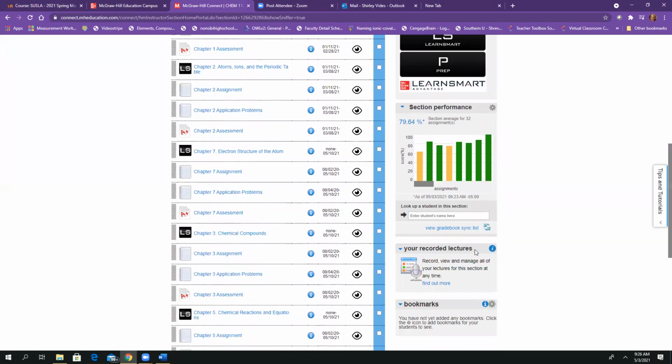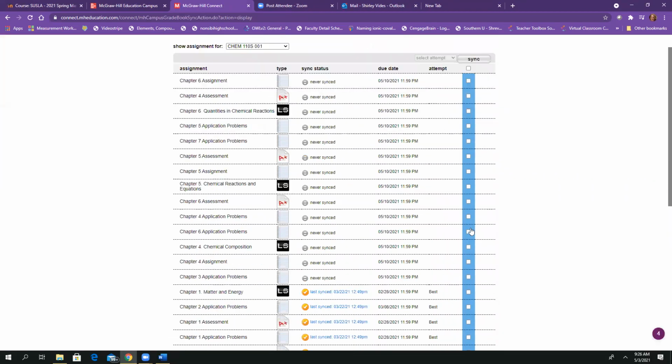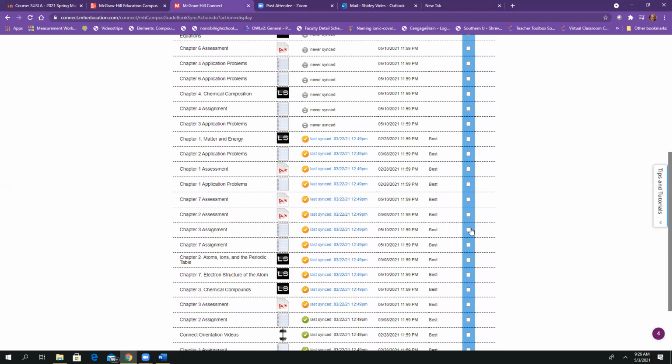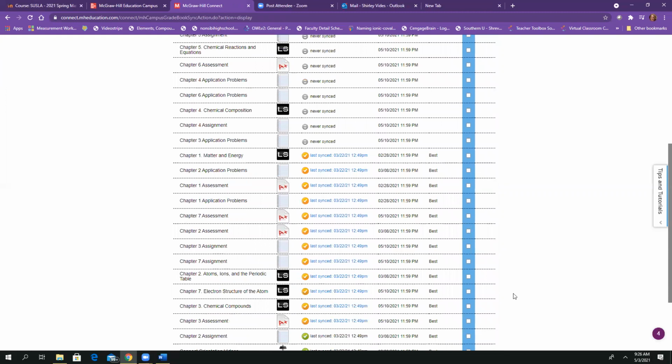Okay, so if I say sync list, that's just all that's never synced. See, the ones that were last synced here, I can redo because a lot of you haven't done them yet. But the ones before that, that was already done. See, the reason it's yellow is because you still have time to do it, right?